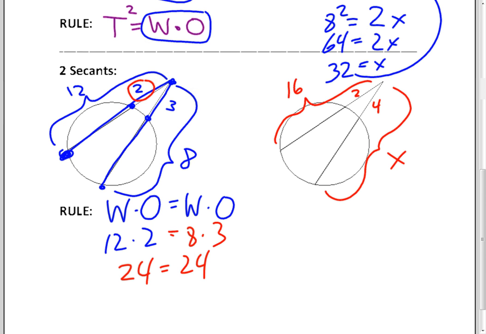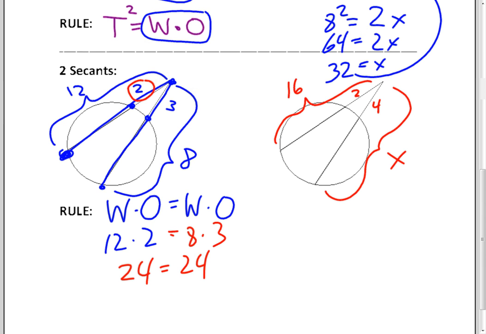Once again, very simple examples right now. If you're looking at a two-secant situation, and all you have in front of you are distances, lengths, you know the rule is whoa-whoa, whole times outer, whole times outer.